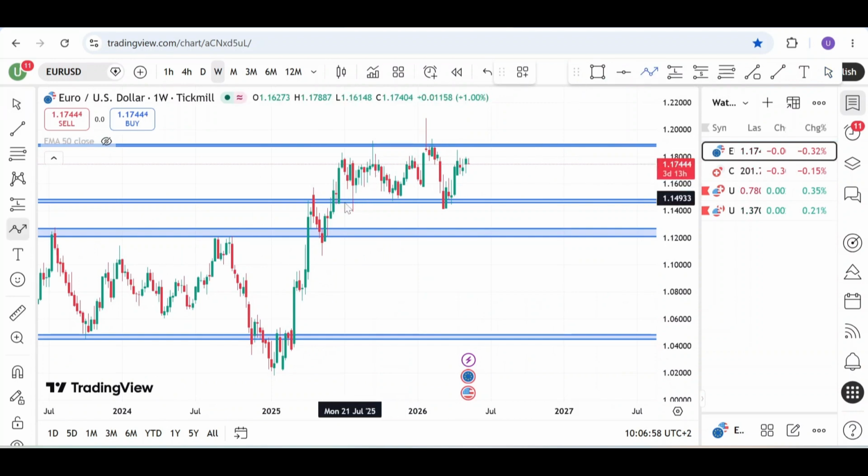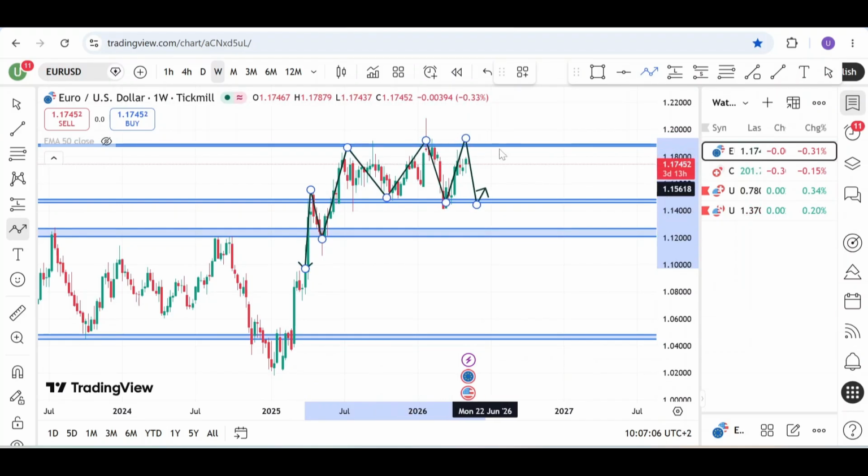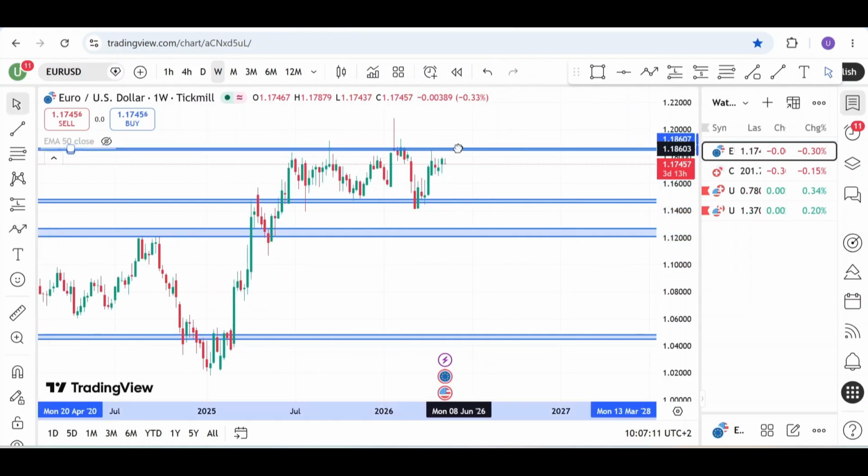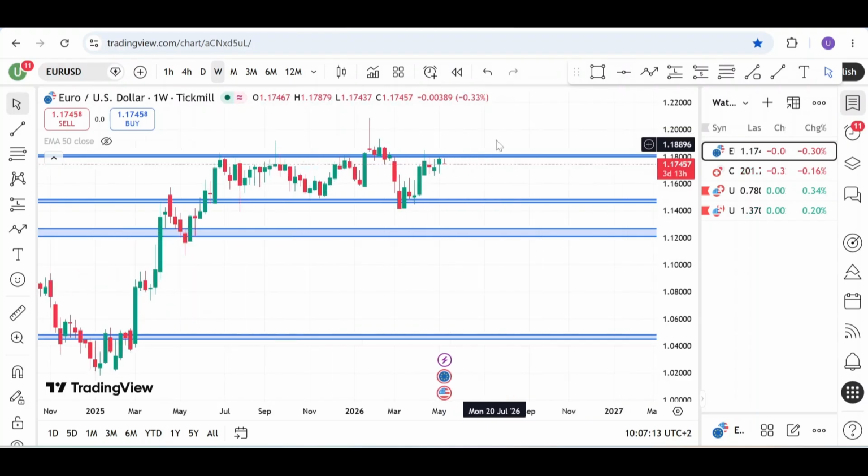As we can see, we initially saw a break of structure to the high, higher low here, higher high, higher low, higher high, higher low, and then. At the moment, the price has done this several times, so once it's here, it's going to return back here again. As you can see, this happened several times.